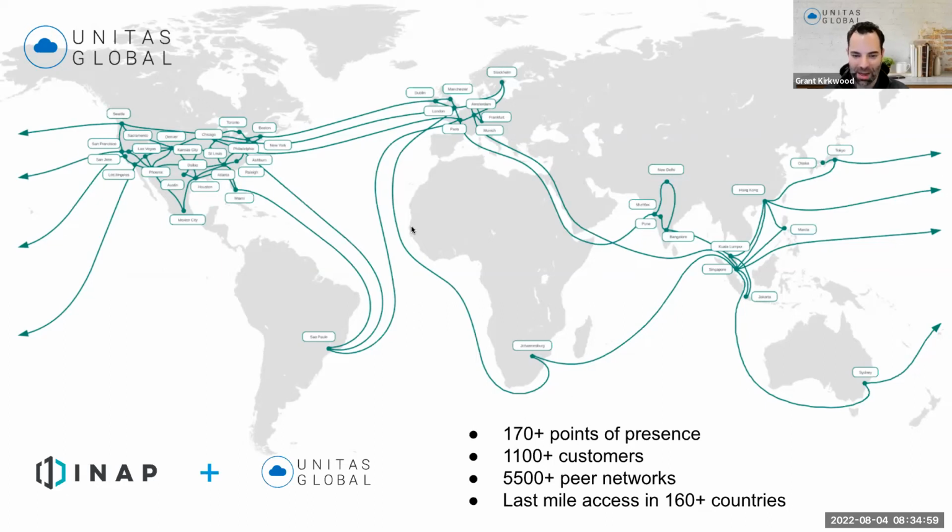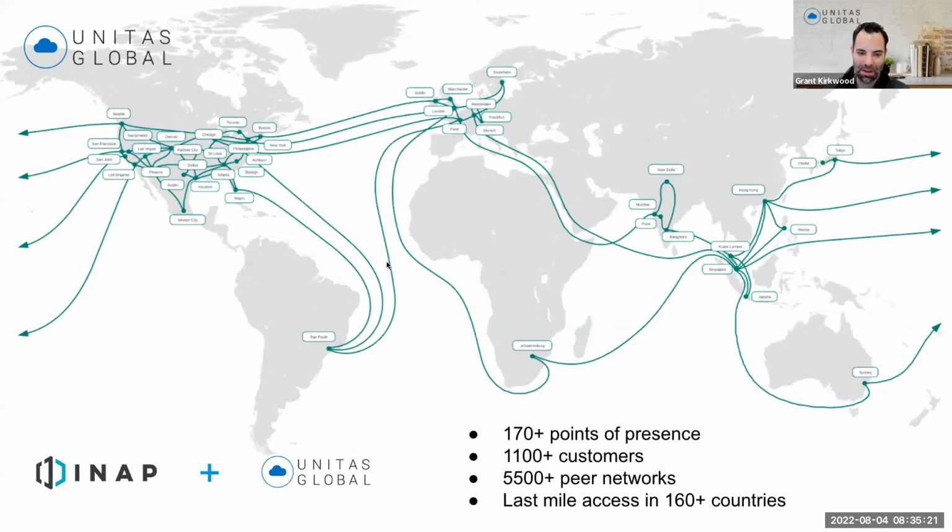And so as we looked to start integrating the INAP network into the Unitas backbone, we had to understand where traffic is coming from and going to on INAP, but match that up to the network that Unitas operates.